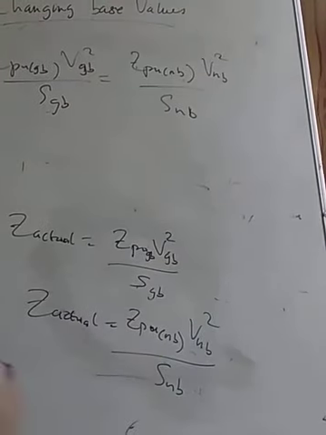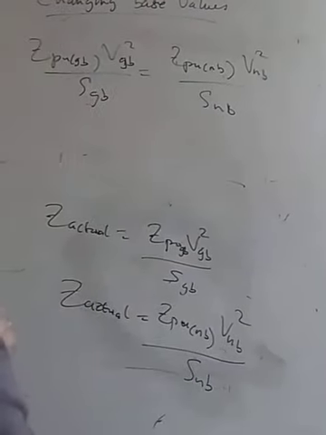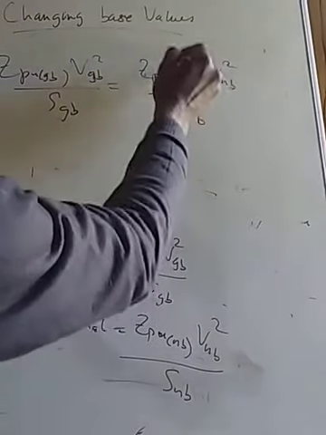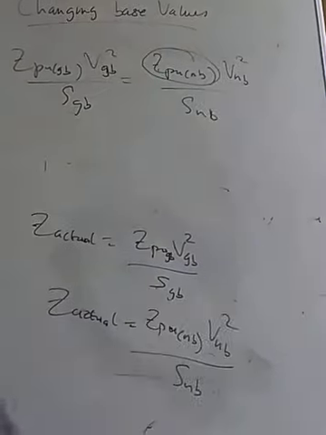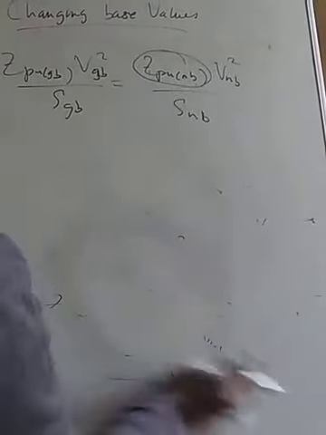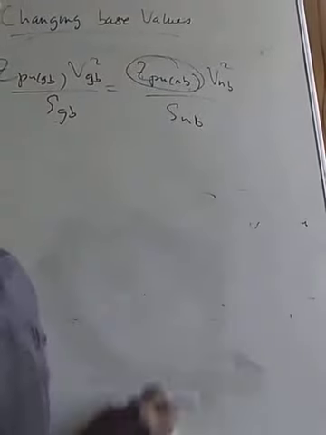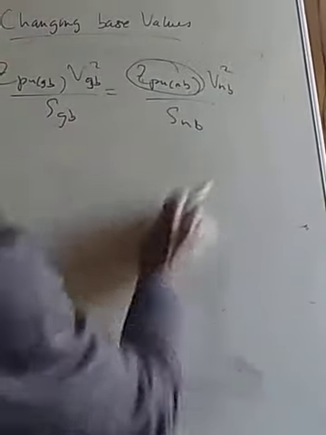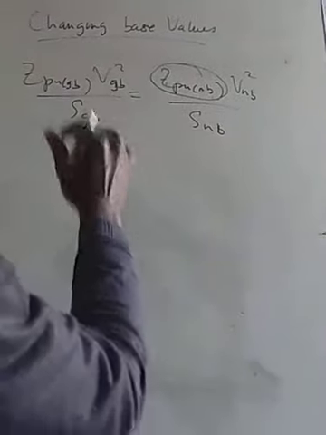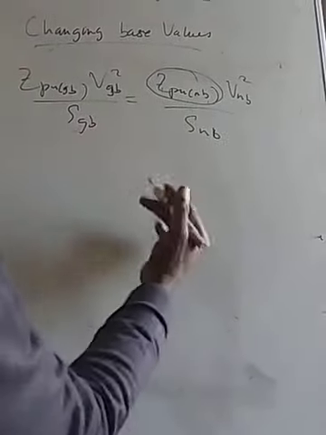So now, given this, if you want to find what your ZPU NB is, you make this one the subject of the formula. All this, I just want to come to a determination of the formula that you'll be using. So I don't want you to stress too much about the process I'm going through to get it.